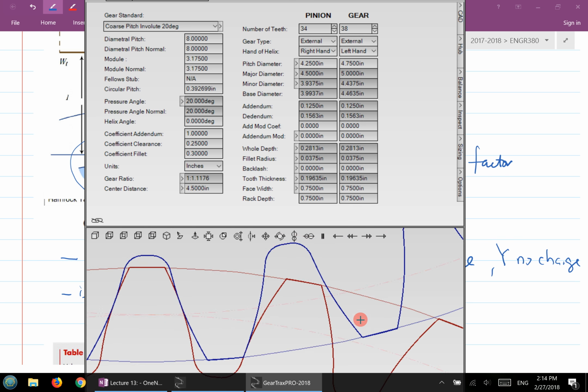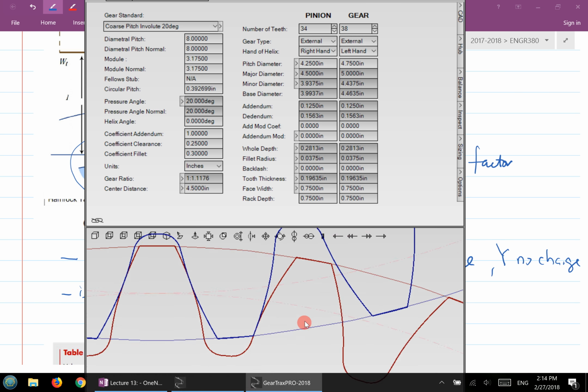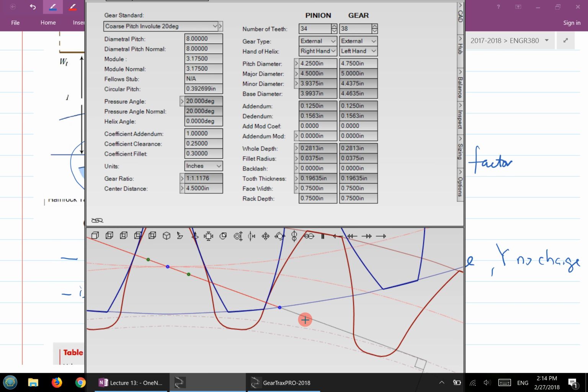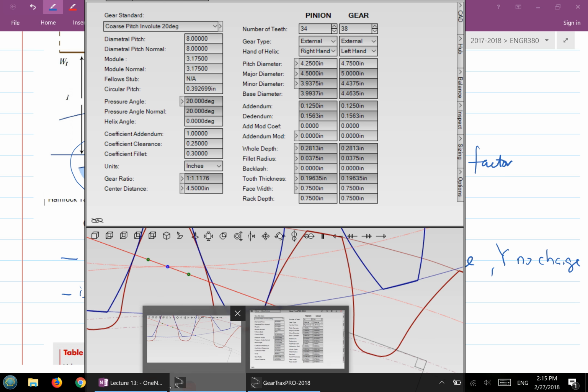You see what happens to the bottom of the teeth? The bottom of the teeth started to expand, exactly. That means there is a geometric form change in the gear tooth, and that results in a change in this Y value.